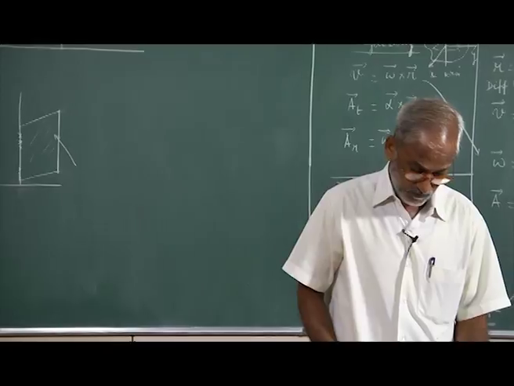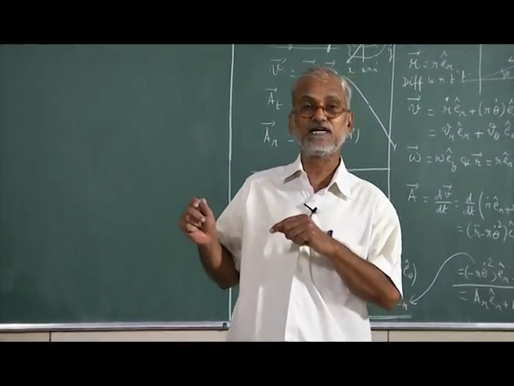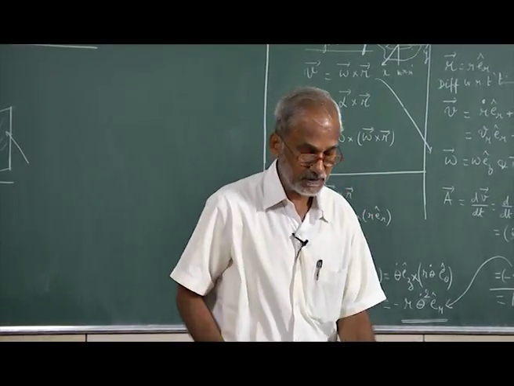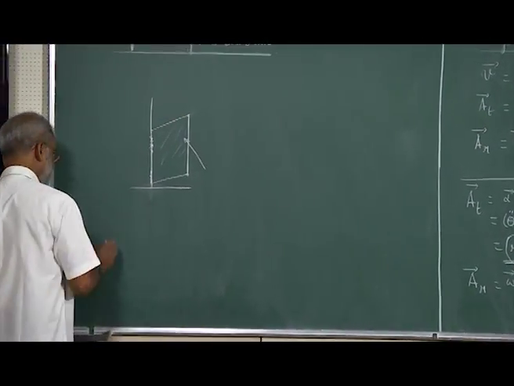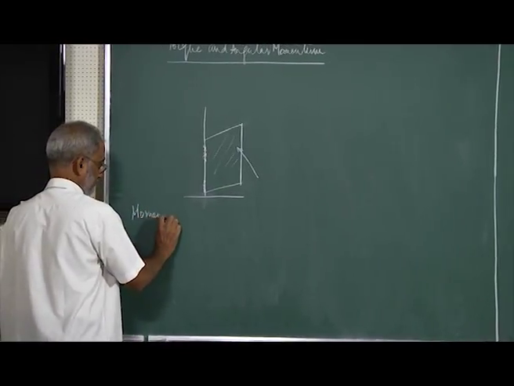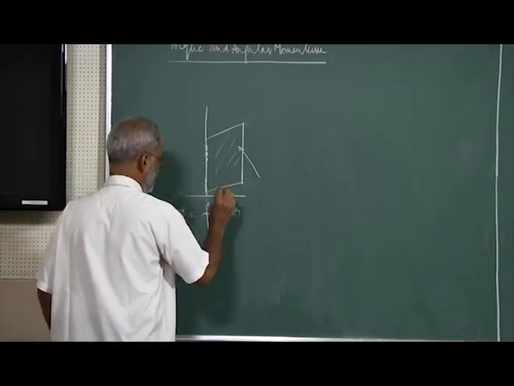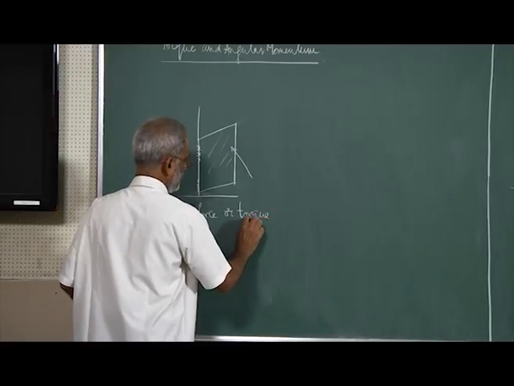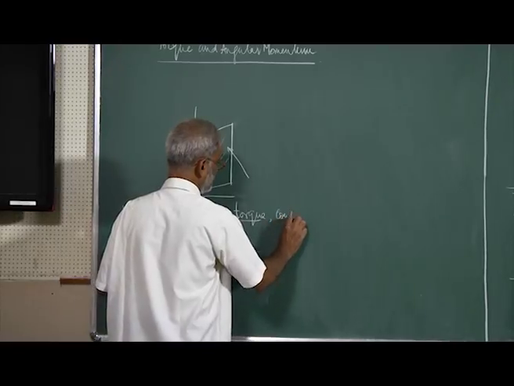Okay. Now this is what is called the moment of a force. There is a force acting on a body and then there is a rotational effect happening. This effect is described by what is called the moment of a force, or it is also known as torque. It has several equivalent names, moment of a force, or also a couple.